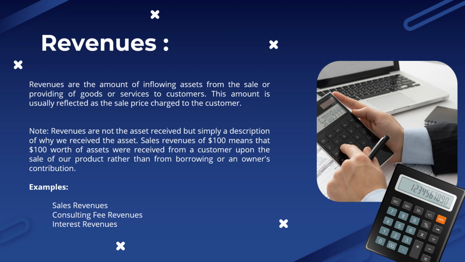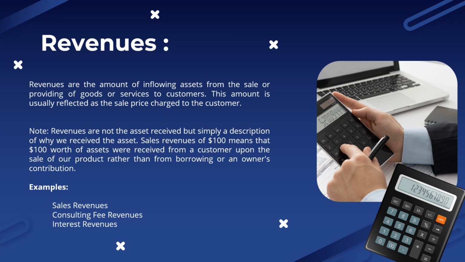The cash is an asset. Sales revenues is a description of why we received it. For example, sales revenues of $100 means that $100 worth of assets were received from a customer upon the sale of a product rather than from borrowing it or some owner's contribution.